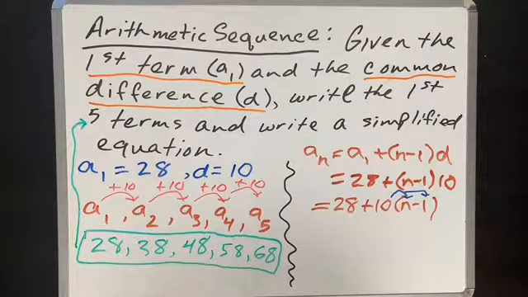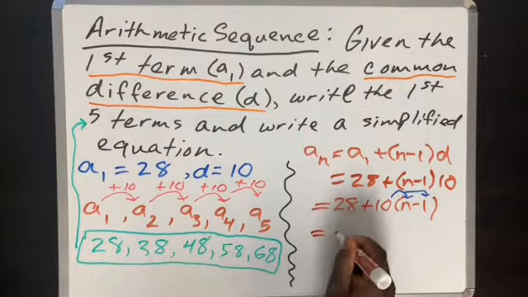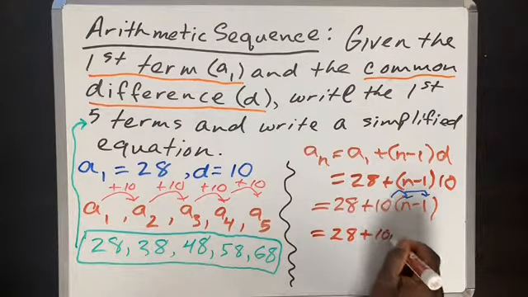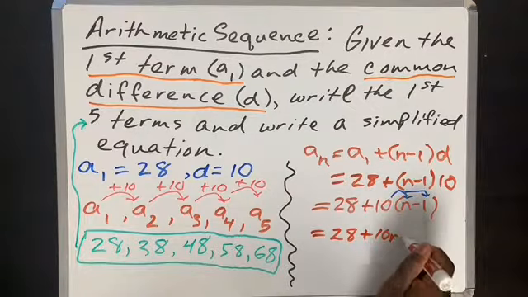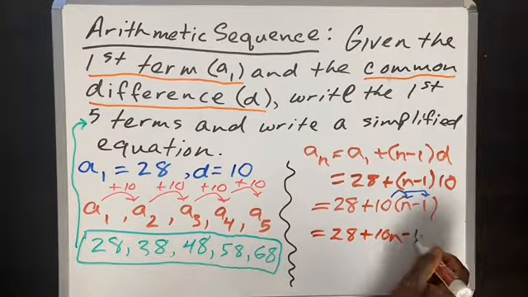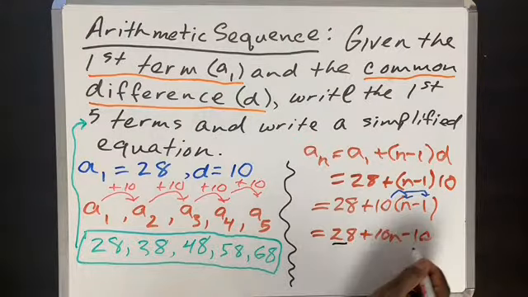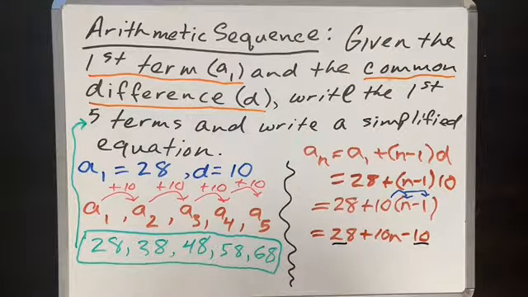So we bring down the 28 plus 10 times n, and minus 10 times 1, which is 10. Now, I want to rewrite and group the like terms. 28 and 10 are like, so I'm going to bring those together.